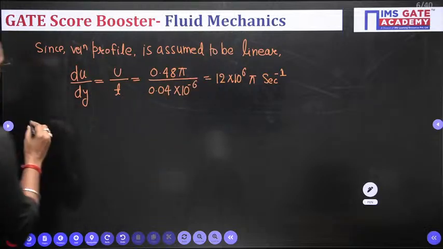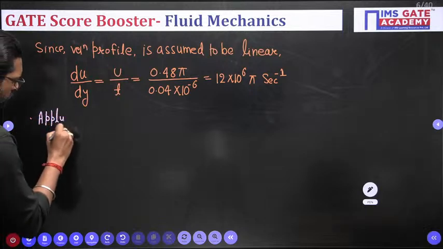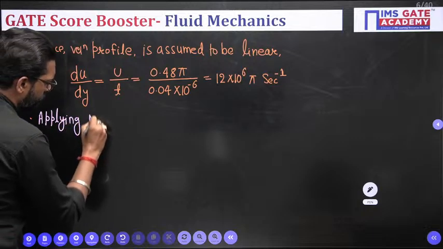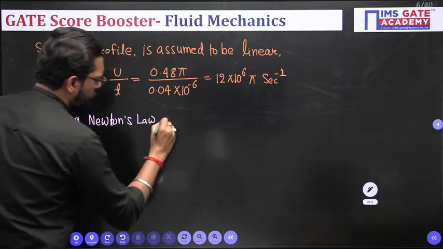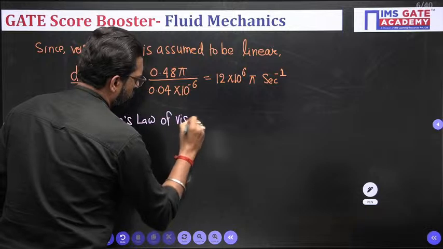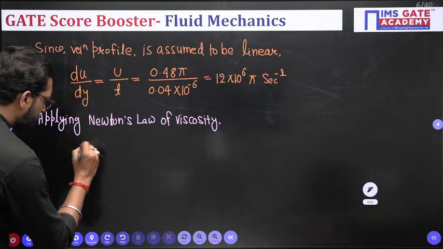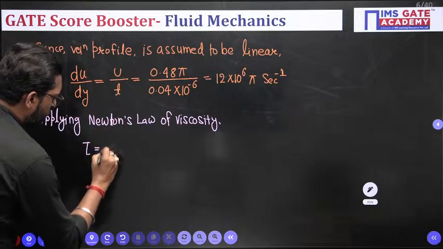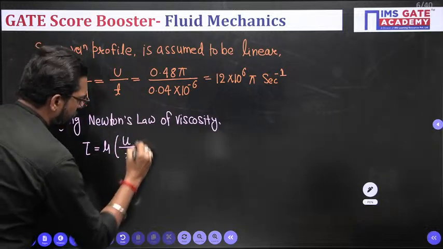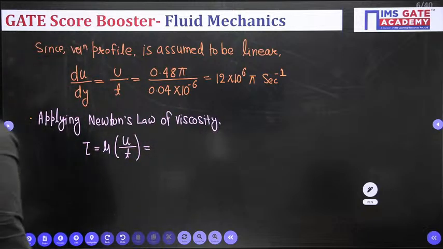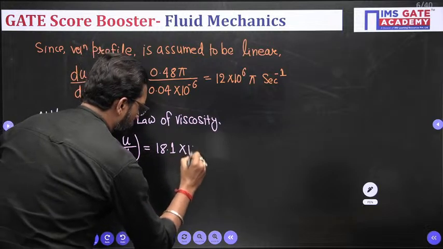Now applying Newton's law of viscosity. What they say is that stress equals mu times u by t, and the mu value is given: 18.1 cross 10 to the power minus 6.